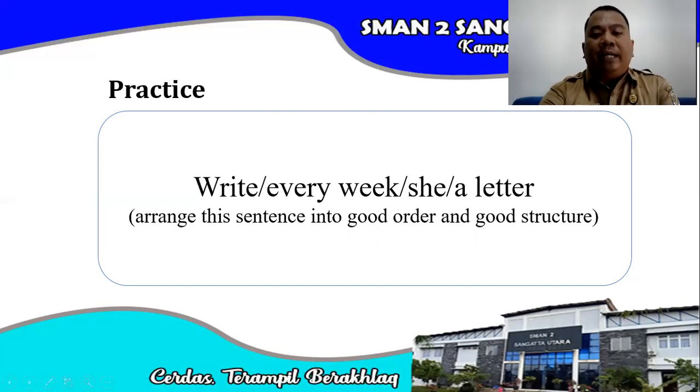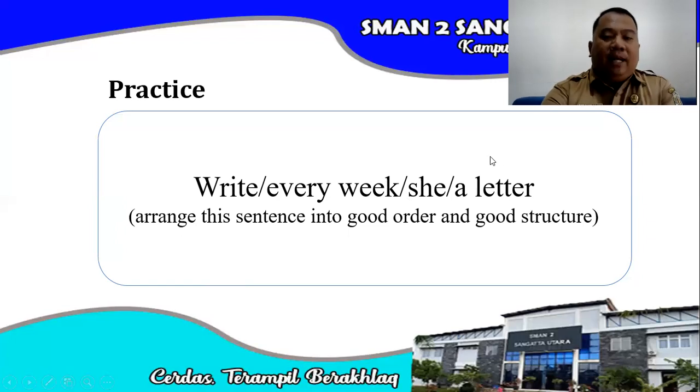The first one is she. She is the subject. After she, you have to find a verb. The verb here is write. Because we use she, the verb should be added with s. She writes.